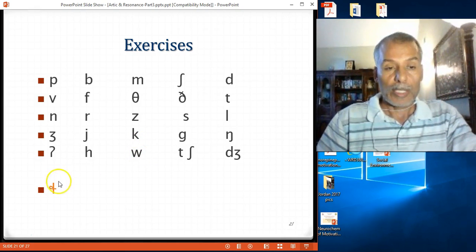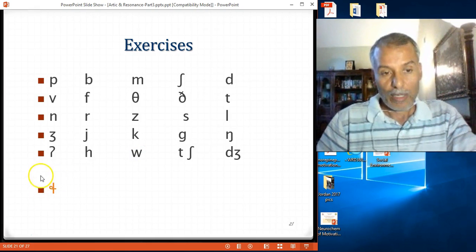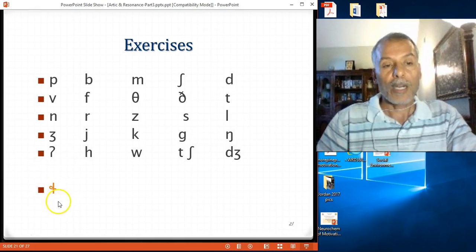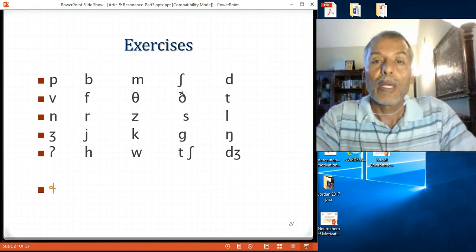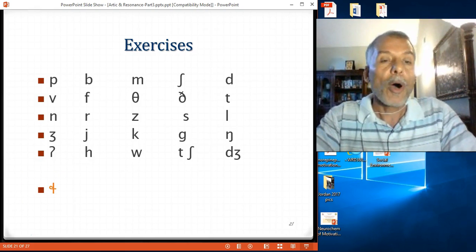Now I'll show you this sound. We didn't discuss it, but this is not an English sound. It is a lateral lisp, and a lateral lisp is part of some African languages.